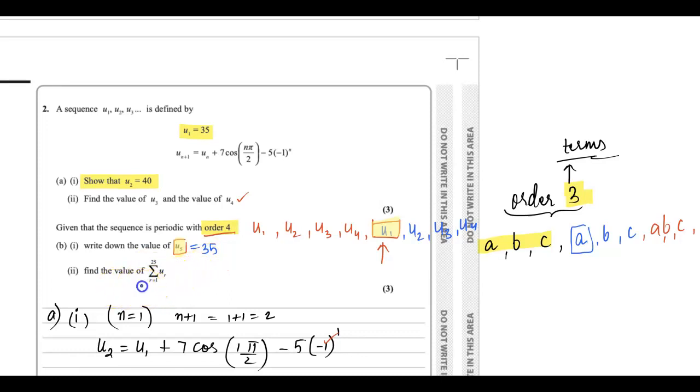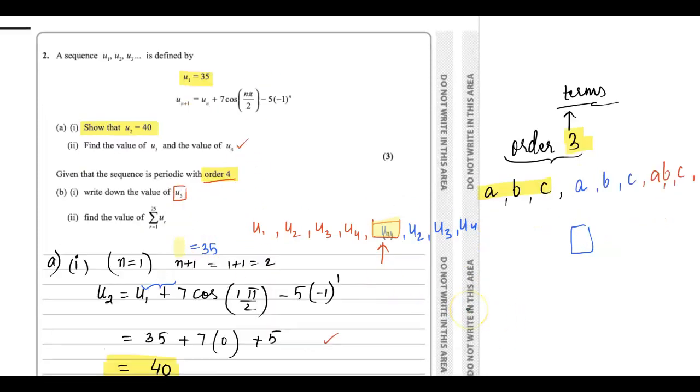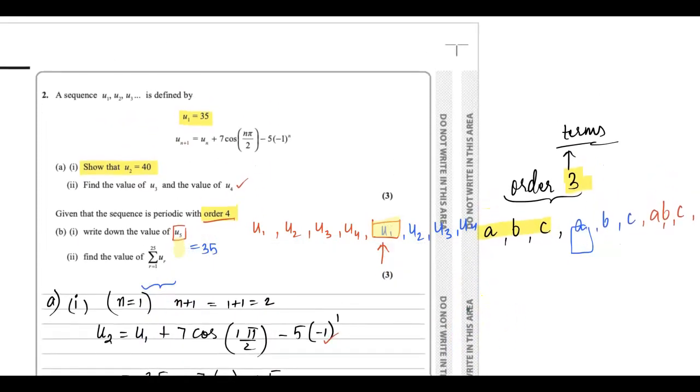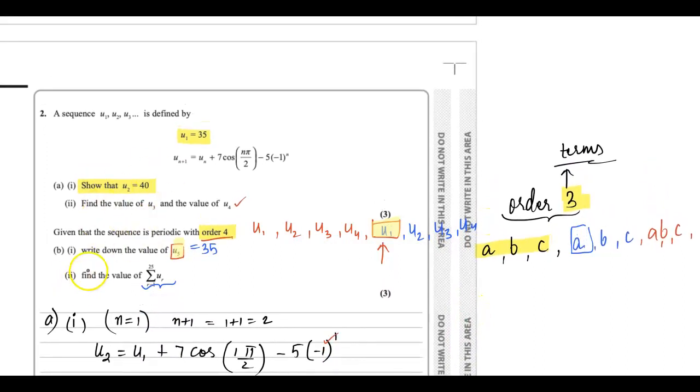Now find the value of the sum, r from 1 to 25, of ur. So you have 25 terms over there, but we know that it's of order 4. How exactly do we solve it? Part b(i) is done.